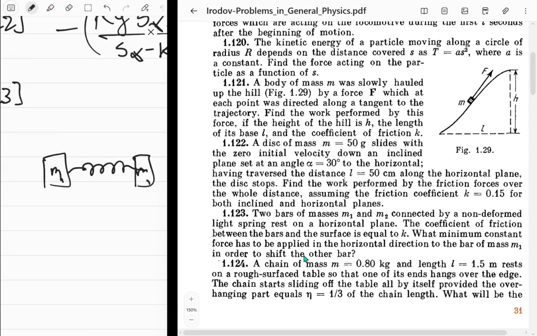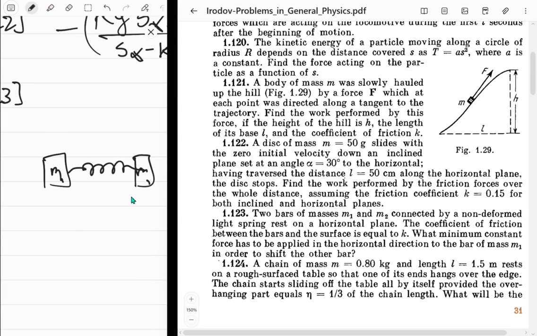Wait, constant force. Okay. Fine. So this should start shifting, and then there's this thing that's holding it together. Shift the other bar. Think about it.